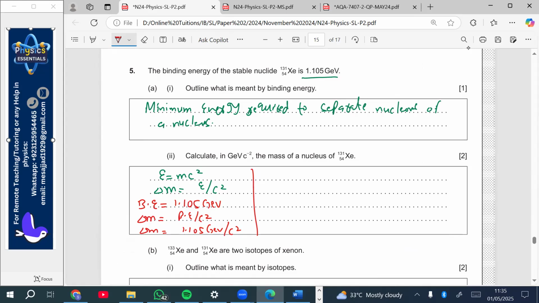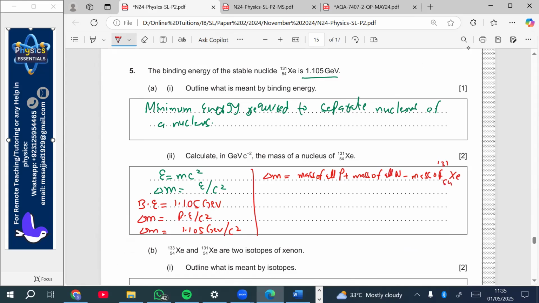Now you need to just find out the mass defect. And for the mass defect, you need to do delta M equals mass of all protons in xenon plus mass of all neutrons in xenon minus mass of full xenon atom.